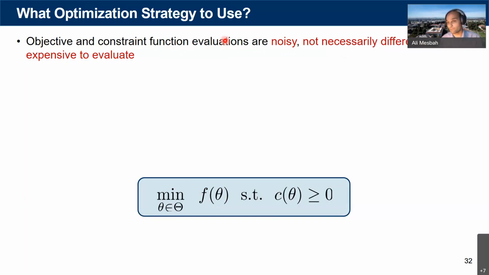If you are running high fidelity simulations, those are expensive. If you are running experiments, again, you may have limited budget for running your experiments. So these are the three key features to keep in mind in solving such a black box optimization problem. Again, functions are noisy, not necessarily differentiable, and expensive to evaluate.